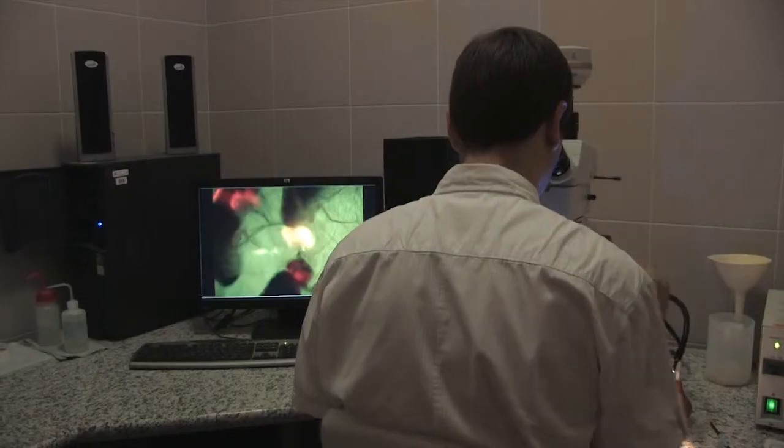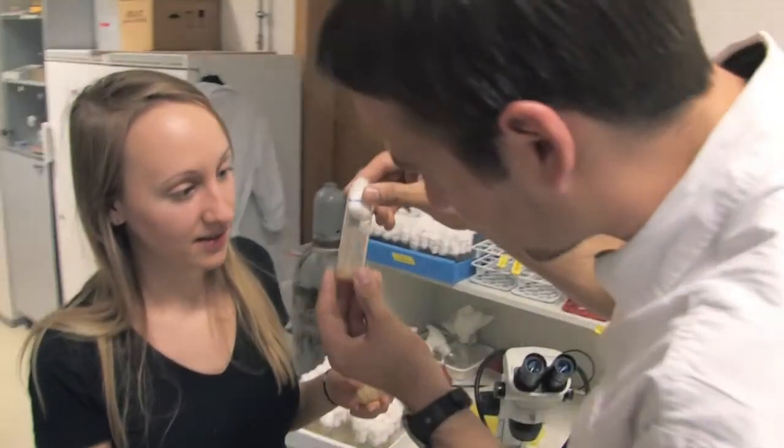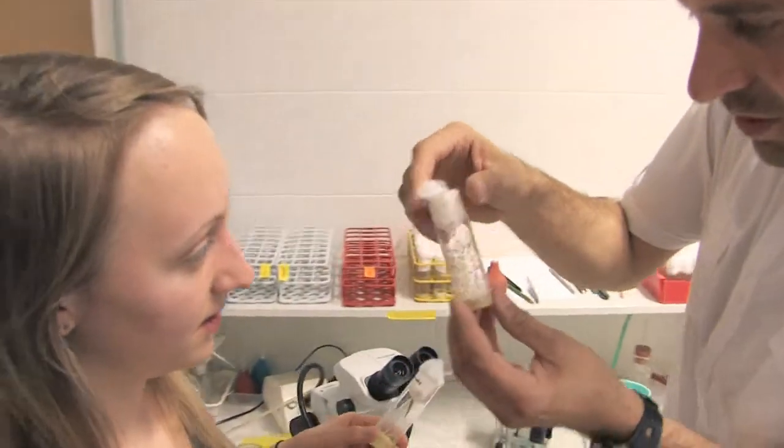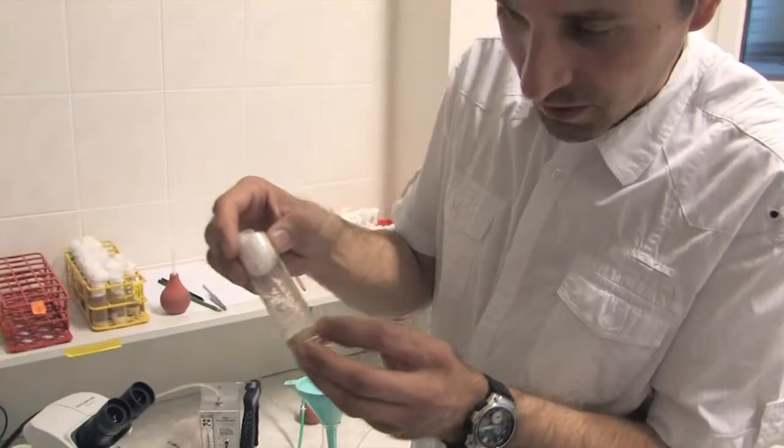And these relatively simple genetic manipulations in Drosophila allow us to study these effects in vivo in the context of the whole organism, compared to just working with cells in culture, which lack the communication with the rest of the organism.